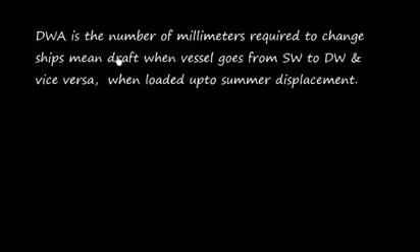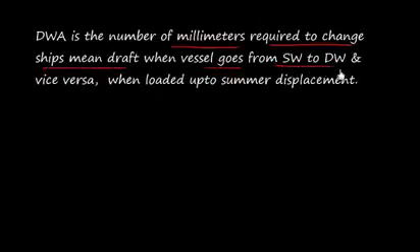Now we can define dock water allowance as the number of millimeters required to change the ship's mean draft when vessel goes from salt water to dock water, and vice versa when loaded up to summer displacement. Well, in case of fresh water, it was from salt water to fresh water.